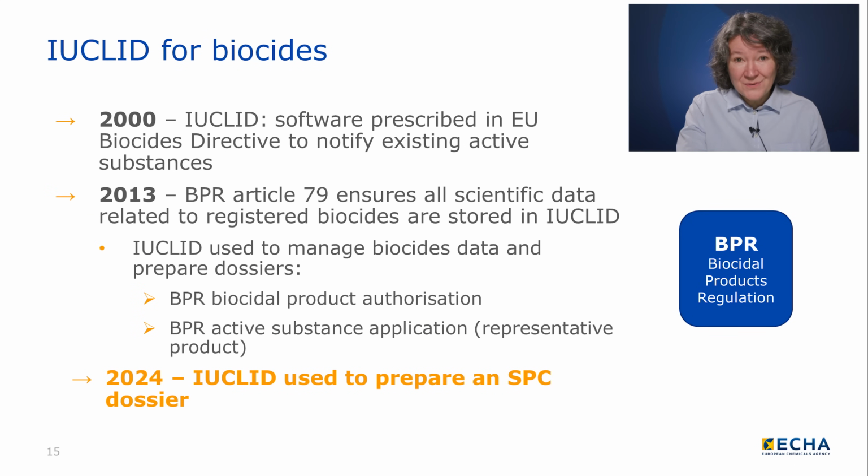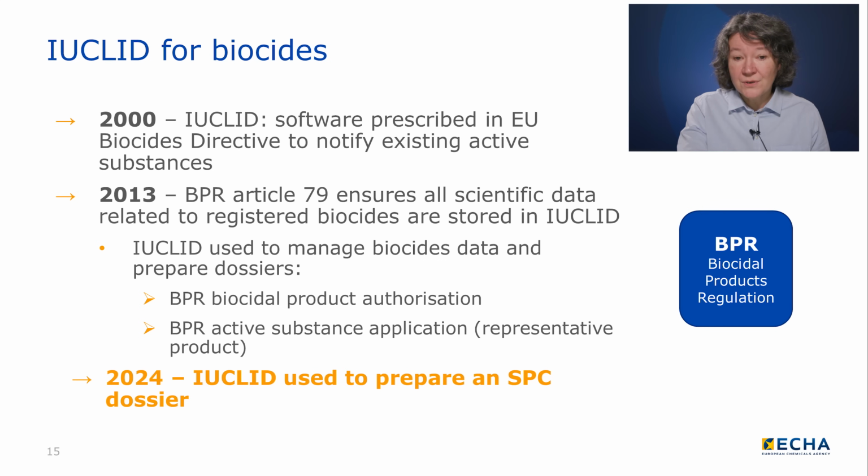Let me tell you a few words about the history of use of Euclid for biocides. In 2000, Euclid was the software prescribed in the EU Biocidal Directive to notify existing active substances. Then, in 2013, the Biocidal Products Regulation came into force, and its Article 79 ensures that all scientific data related to registered biocides are stored in Euclid.